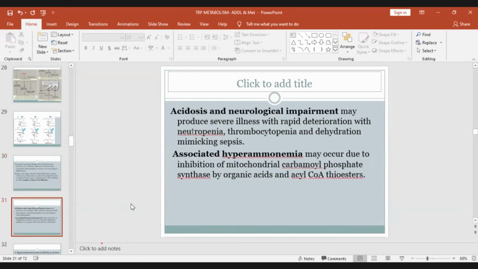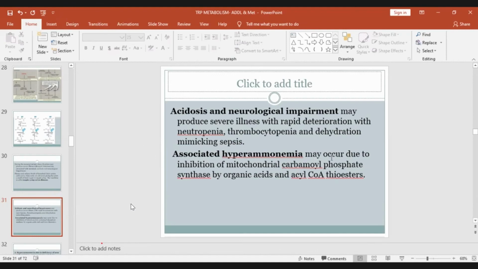Acidosis and neurological impairment may produce severe illness with a rapid deterioration with neutropenia, thrombocytopenia, and dehydration, mimicking sepsis. It appears as if it may be diagnosed as sepsis, but we have to be aware of maple syrup urine disease, which also can produce similar symptoms, and then we can diagnose the condition.